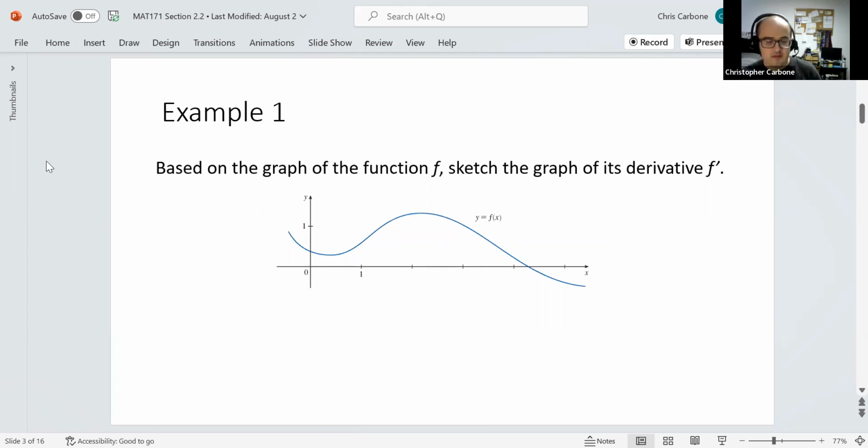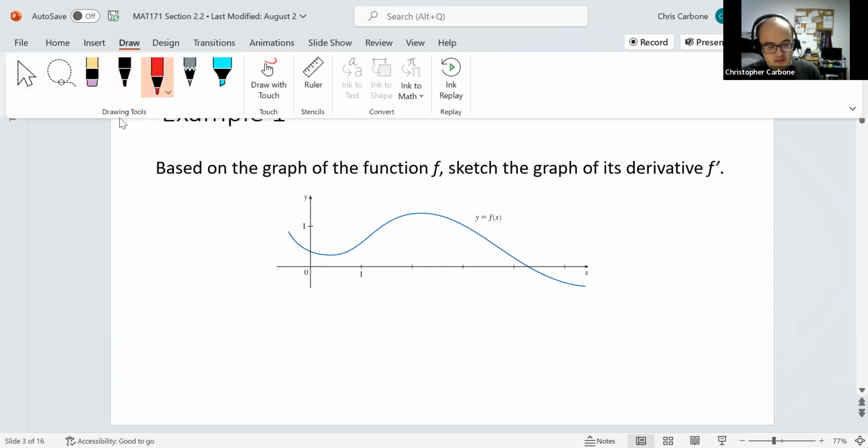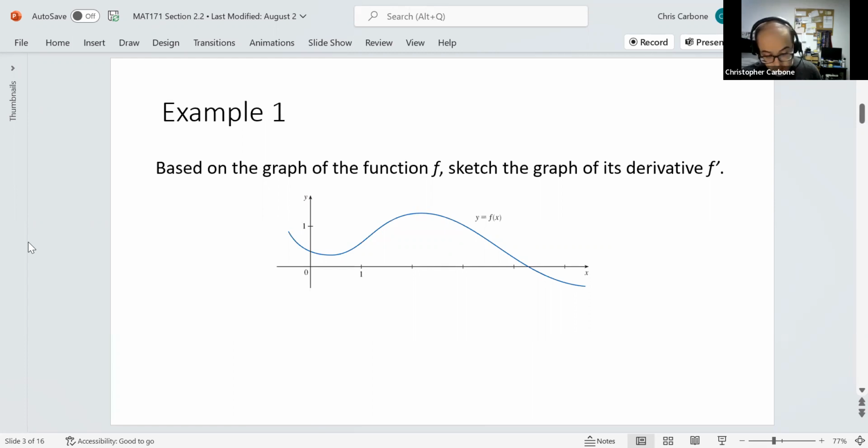Let us say, for example, that based on this graph here, we want to sketch the graph of its derivative. It is very helpful to make note of, number one, where the derivative graph would cross the x-axis.